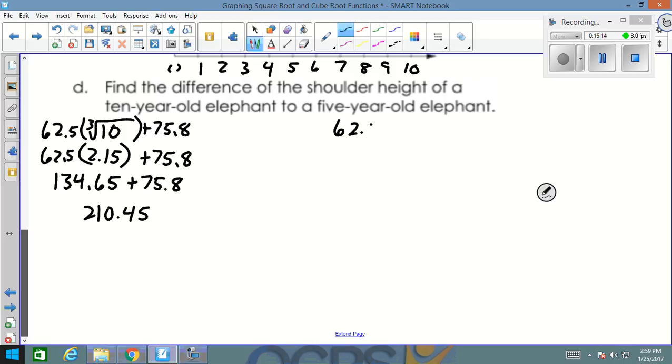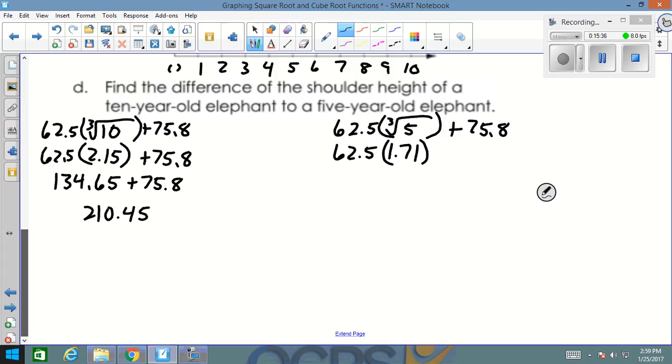This time it's going to be the cube root of 5, about 1.71.